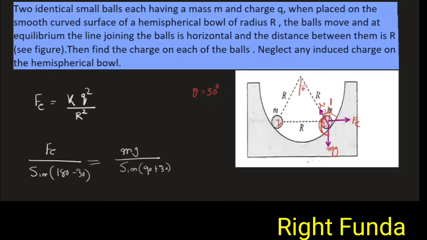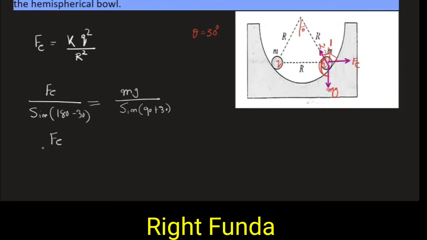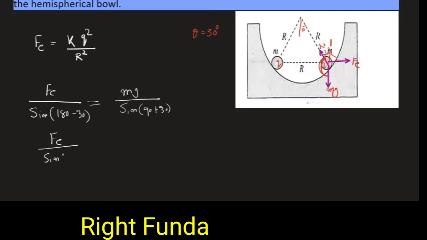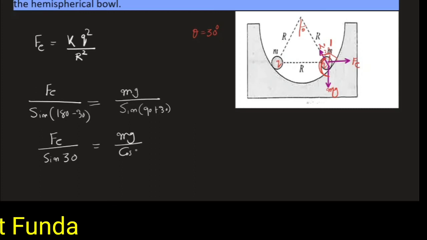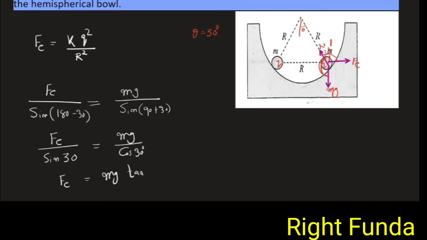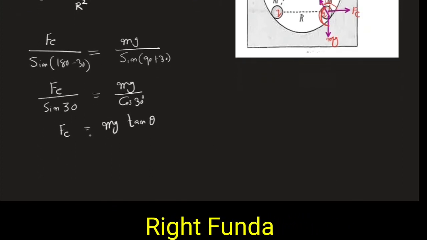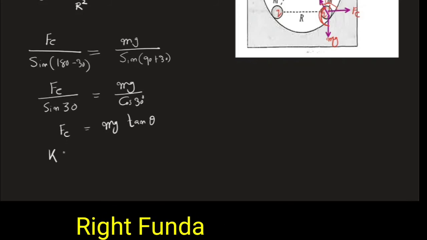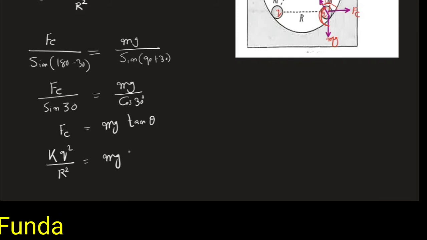If I simplify this, I get Fe by sine 30 equal to mg by cos 30. So Fe is mg tan theta, where theta is 30 degrees. So Fe equals k q square by r square equals mg into tan 30 degrees.